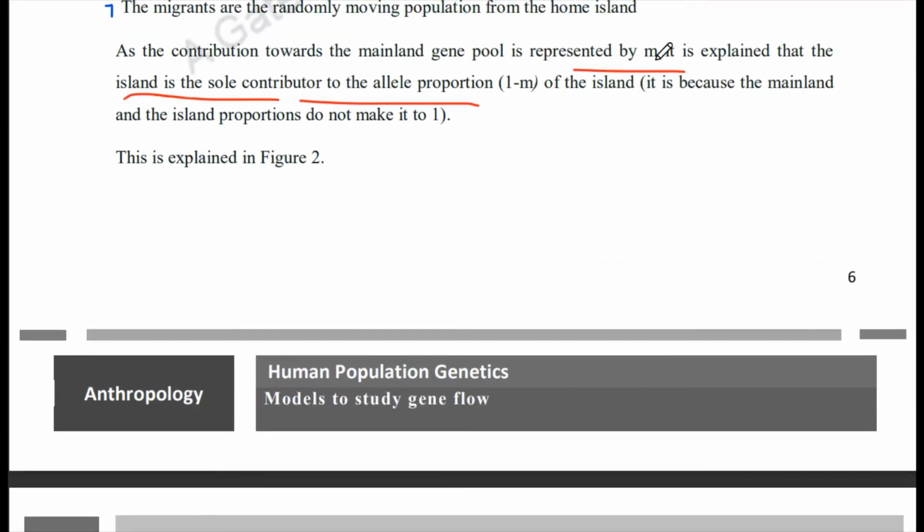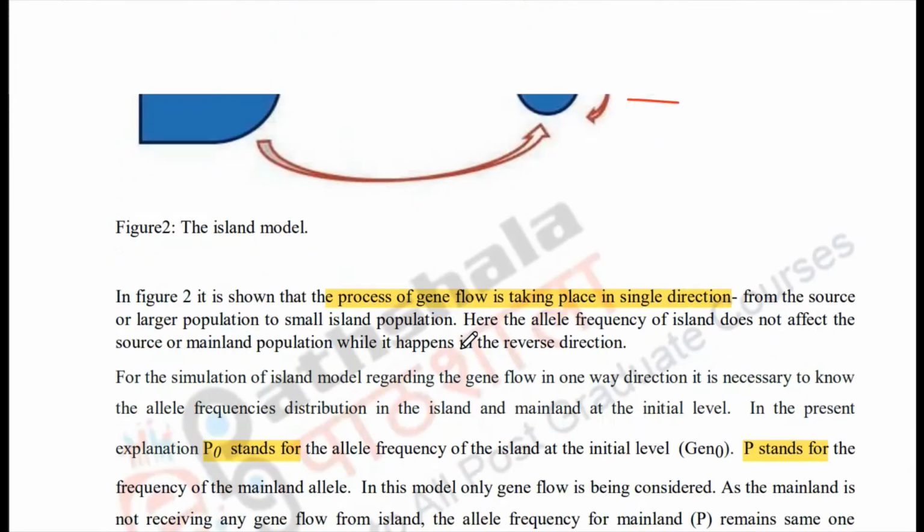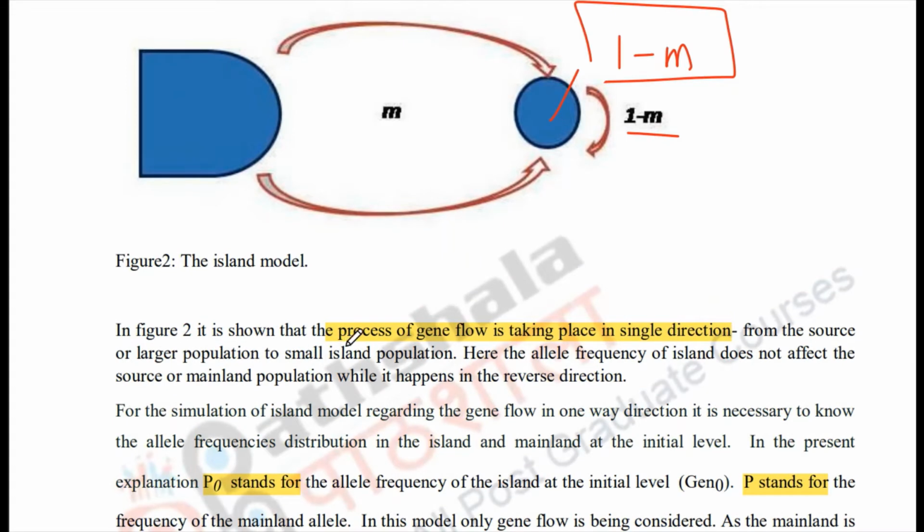So this is what it says. It is explained that the mainland is the sole contributor to the allele proportion of the island. It is because the mainland and the islands do not make it to 1. Right? So what happens? Because it's in a single direction from the source of the larger population to the small island population, the allele frequency of the island does not affect the source or the mainland population, while it happens in the reverse direction.